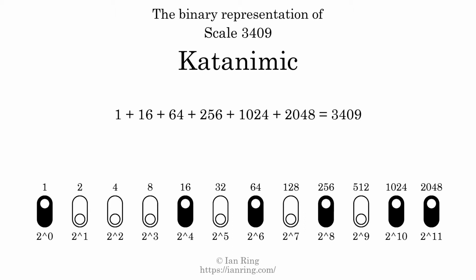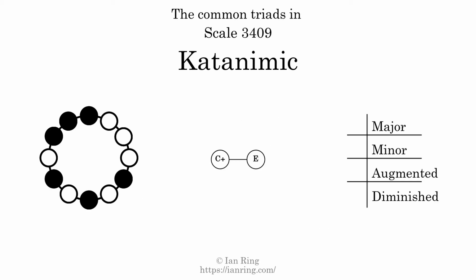That is why the scale number, in decimal, is 3409. The scale number not only enumerates the scale with a unique index, but it also literally describes the tonal content of the scale. Represented as a binary number in base 2, the scale number is 1101010100001.